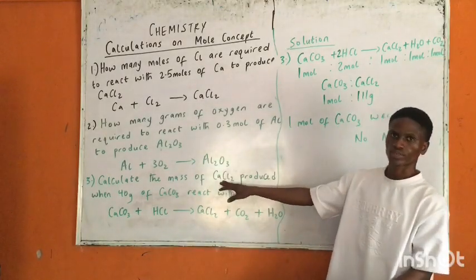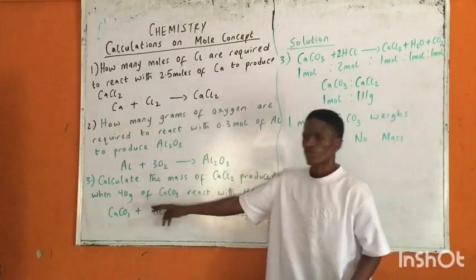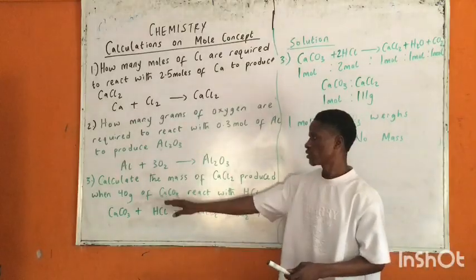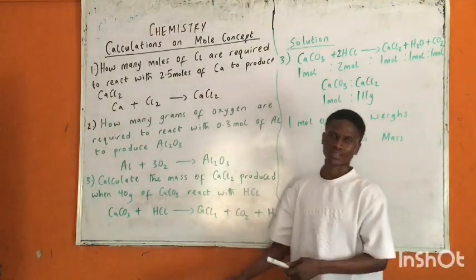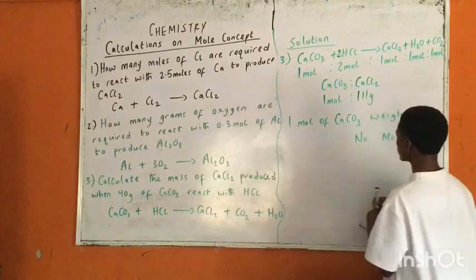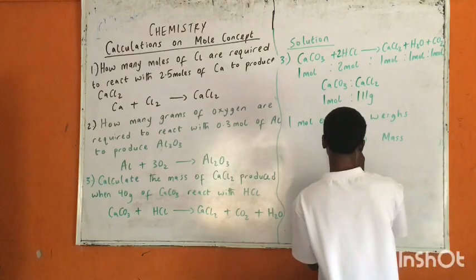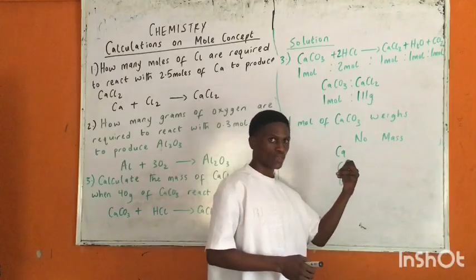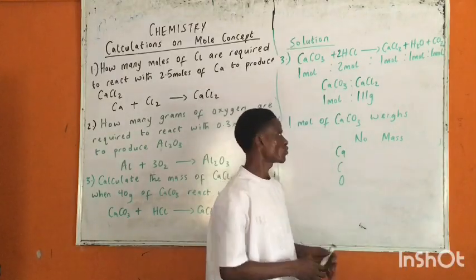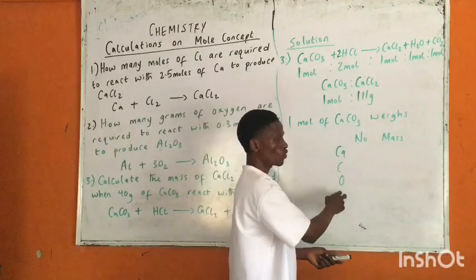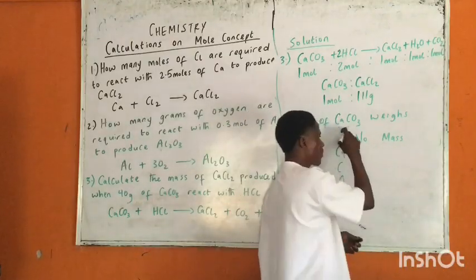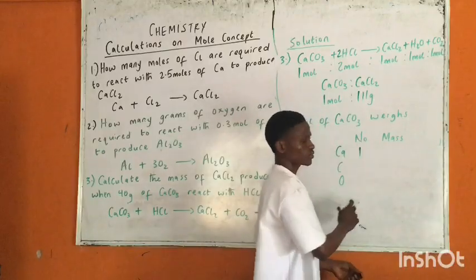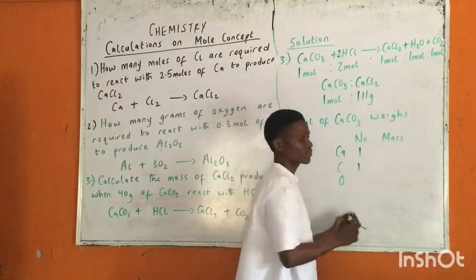Mass of calcium chloride, 40 grams of calcium carbonate. So also converting calcium carbonate to mass in gram. Here in calcium carbonate, we are having calcium, carbon, oxygen. How many do we have for calcium? 1. Carbon, how many? 1. Oxygen, how many? 3.